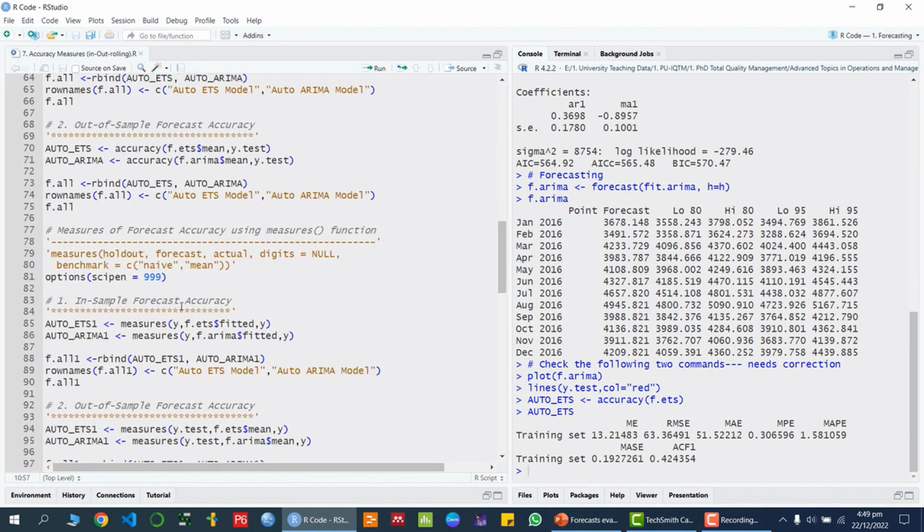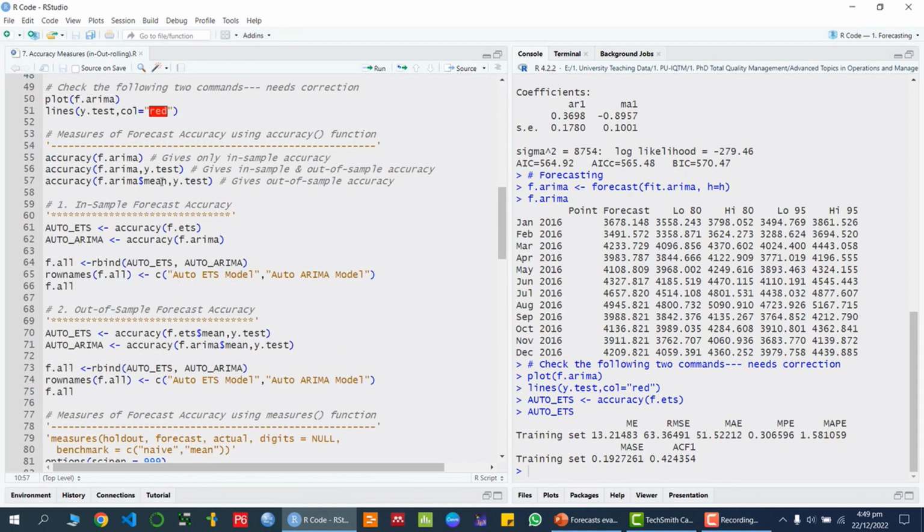Okay, so as I mentioned over here, if you go this way, it gives only the in-sample forecast accuracy. If you use this particular component in the accuracy function, it gives both in-sample and out-of-sample. If I use this approach, then it gives the out-of-sample.